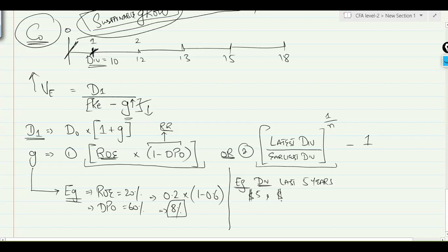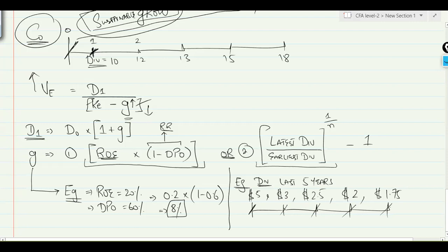Last year's dividend is $3, then $2.5, $2, and $1.75. So you have been given data. This is the current year, and these are the last years.